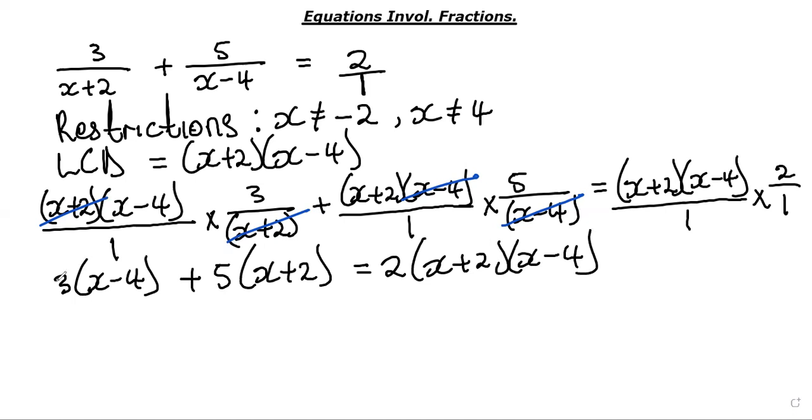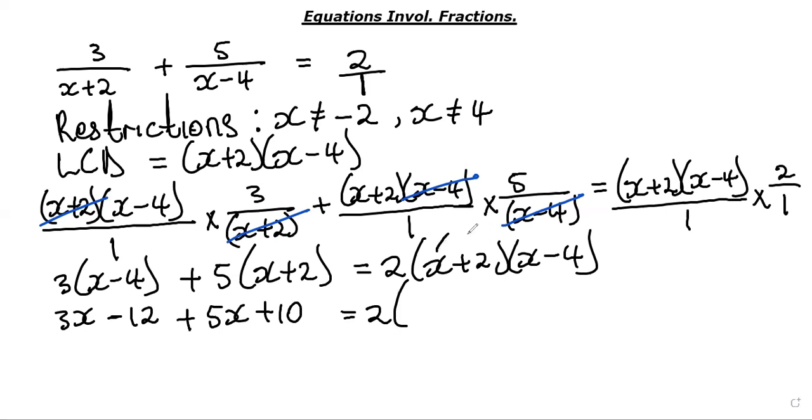Then you come for the first term and you distribute your 3. So you get 3x - 12. Then plus, you distribute your 5. So you get 5x + 10. Then equals, you keep your 2 for now.